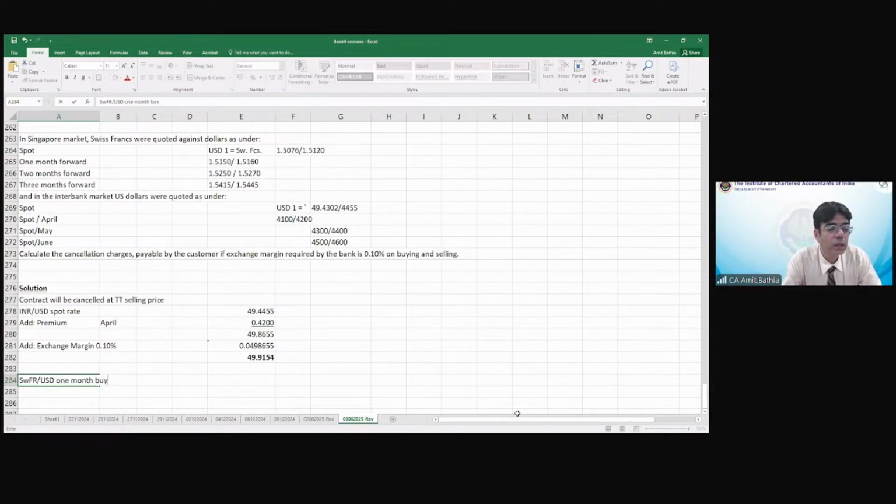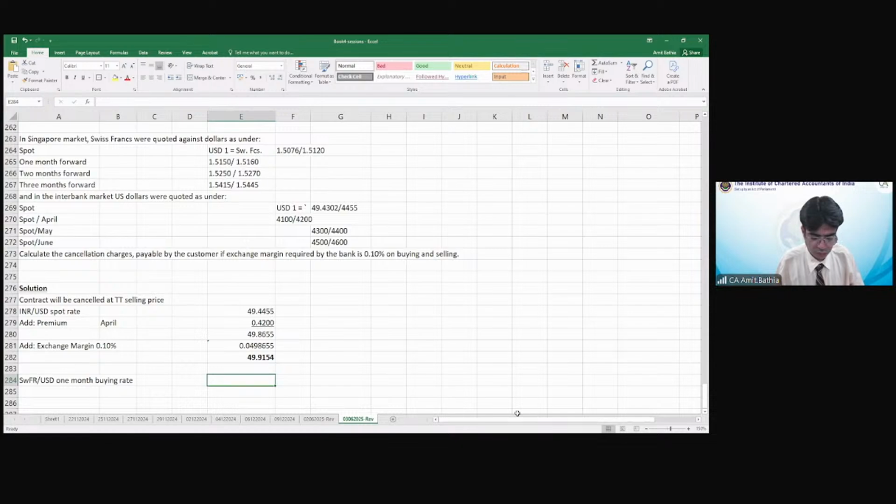One month buying rate. So, how much is my 1 month buying rate? 1.5160. 1.5150.